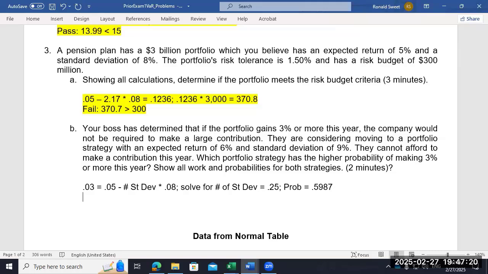Do you want to do the next one? You set it up the same though, right? You just change the numbers. 0.03 equals what this time? What was your standard deviation? 0.09.